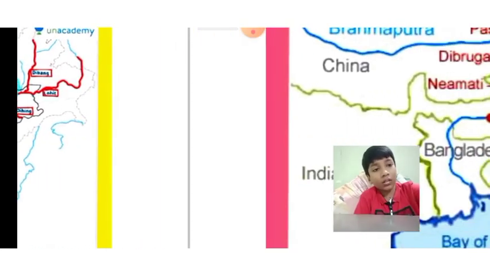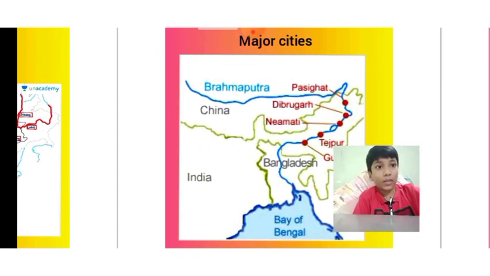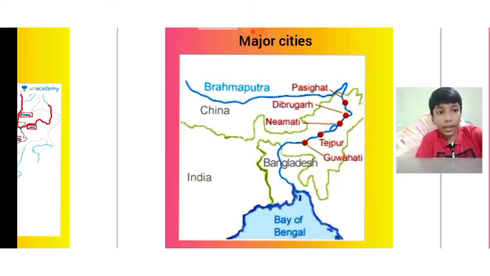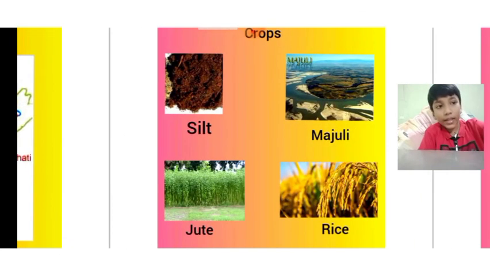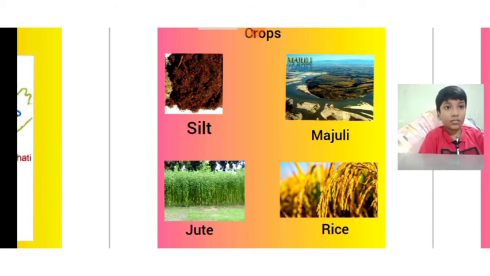And we saw some important cities located in the place: Pasighat, Dibrugarh, Numaligarh, Tezpur, and Guwahati. And we saw the major crops grown in that place: jute, rice.